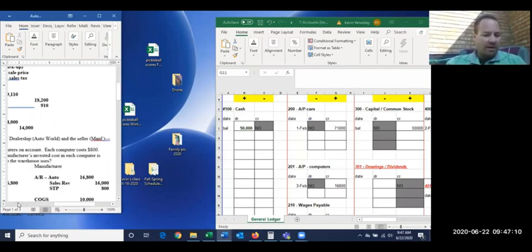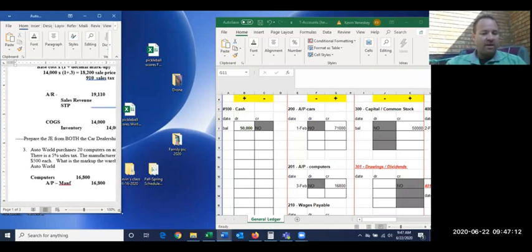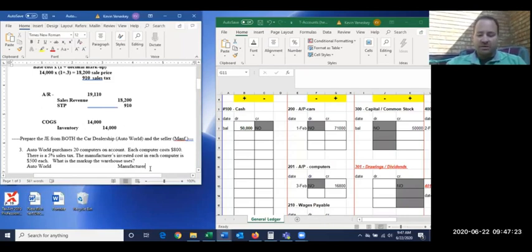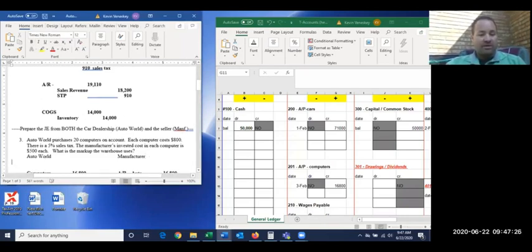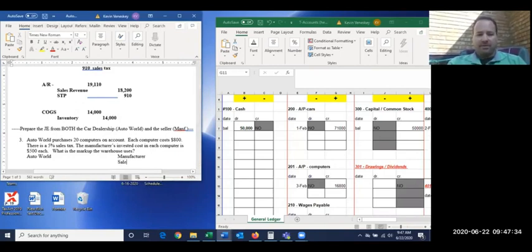Now I'm ready. Let's go ahead and look at what this would look like from the other point of view. What if I was the seller? What if I was the computer manufacturer? How would I do this entry? Well, what I would suggest you do is make a little note off to the side. What is the manufacturer really getting? They're getting sales revenue for 16,000. What are they also collecting? They're also collecting sales tax, 800.